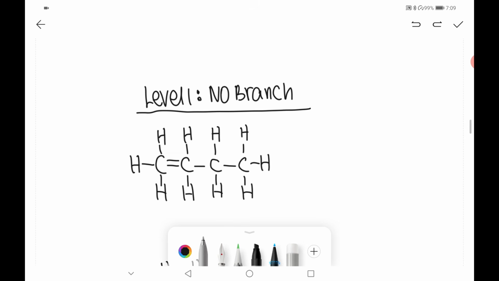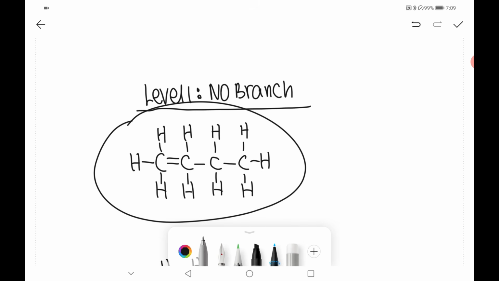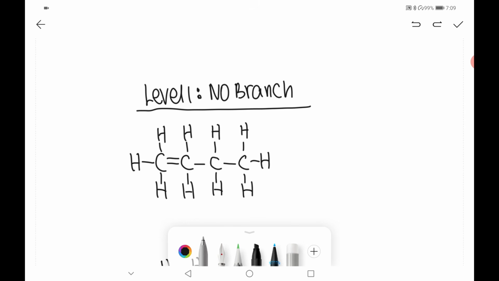How are we going to name this compound? Remember, when you want to name a carbon compound, you always want to start the naming from the back. And we know that the back part of the name depends on the functional group, the homologous series.